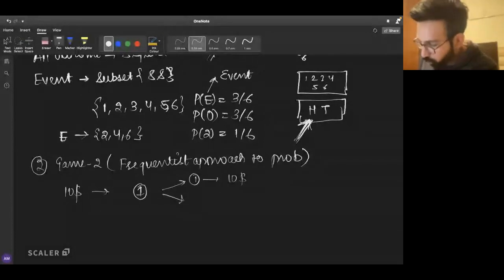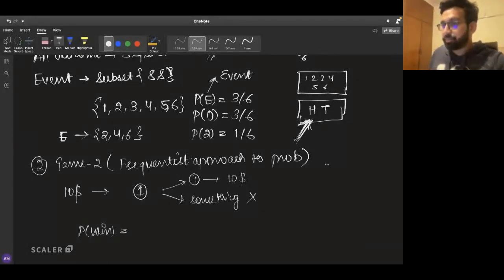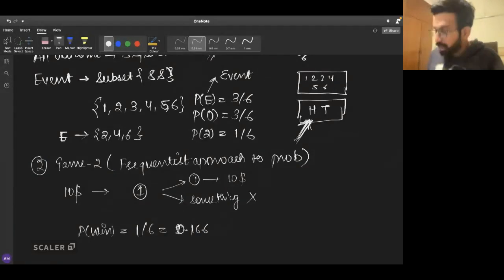And if I don't throw 1, if I get something else, I don't get anything. So what is the probability of me winning the game? 1 by 6. If I calculate, this would be somewhat around 0.166.